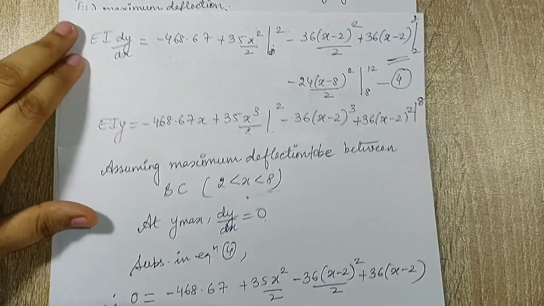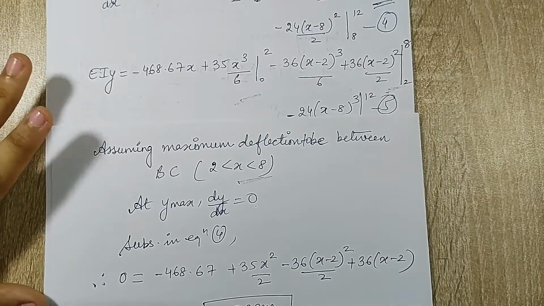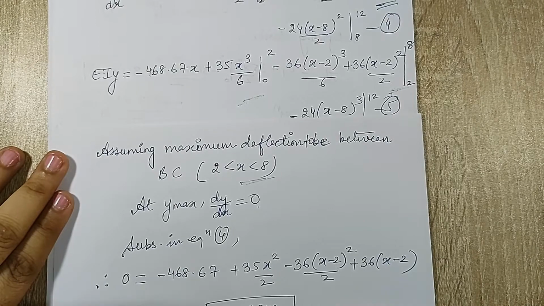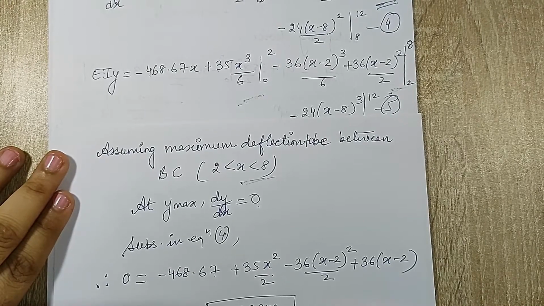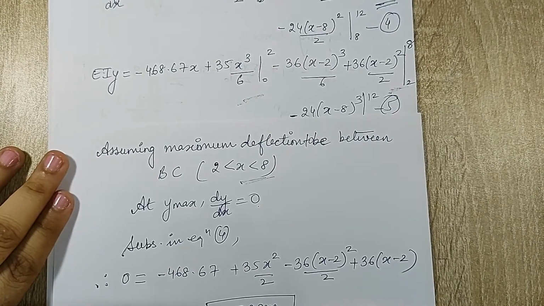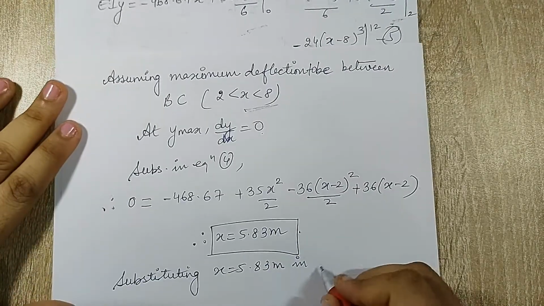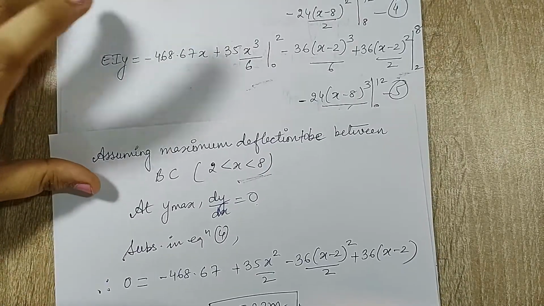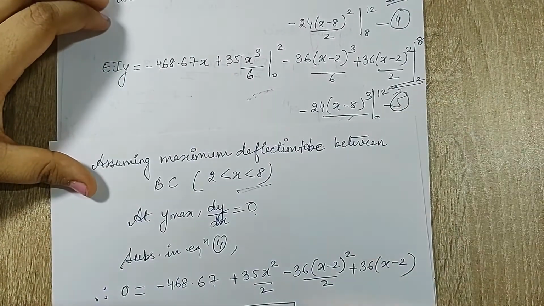So I'll just calculate Ymax. I'm going to substitute X is 5.83 meter in equation number 5. So when I substitute in equation 5, again I'll write up to this point.